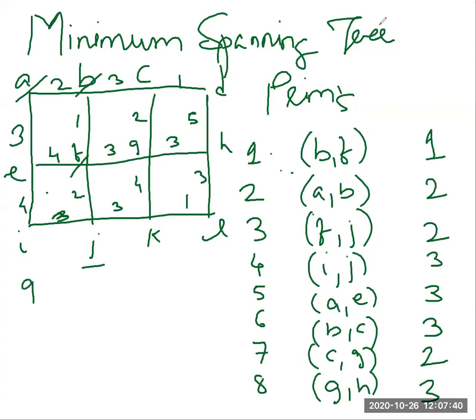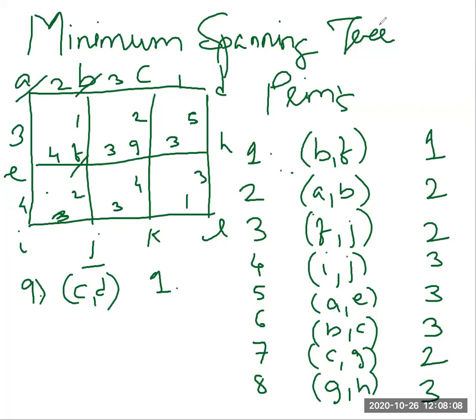Also, with vertex C, we can consider the edge C to D because its weight is 1. So C to D, this edge is 1. With H to I, the weight is 3. D to H is 5, which is the highest weight, so discard that.